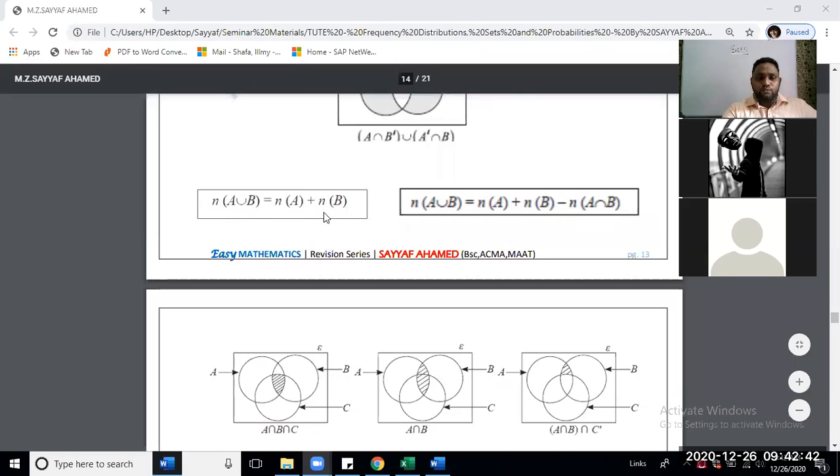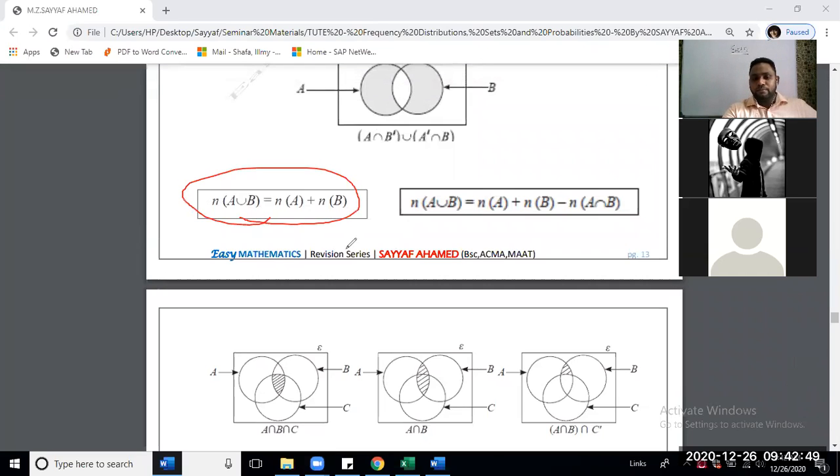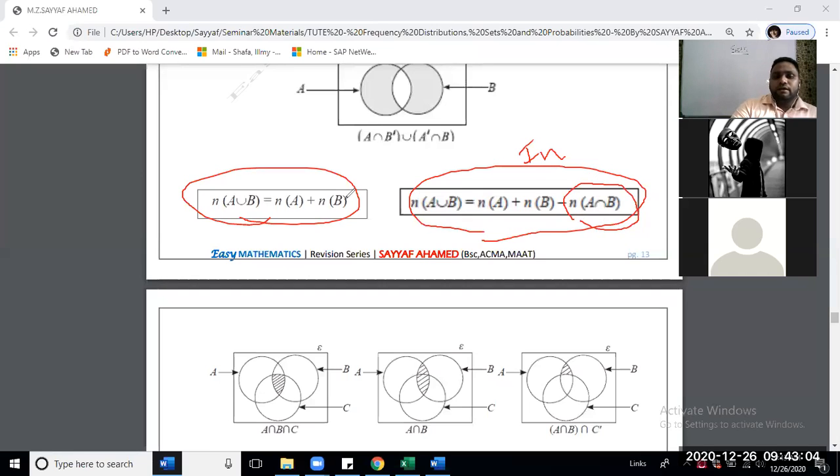If you have printed or if you have a paper, you can mark that this is your mutually exclusive one, to find the union. And to find the number of A union B, this is your independent event where there's an overlap between A and B. So we remove the intersection of A and B, right? And this is for mutually exclusive.